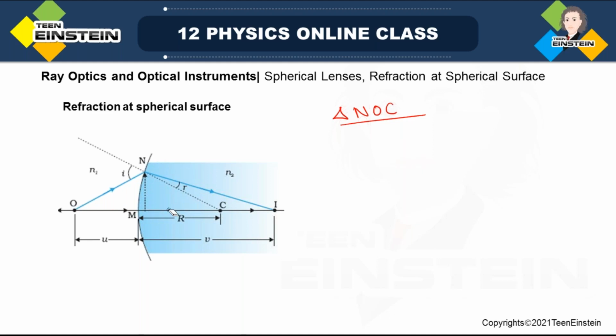I'm going to do N1 sine I. Actually, what I'm trying to get is something like N1 sine I equals N2 sine R. This is what I'm going to prove at this particular interface, and from there we will definitely get the results. Let us do that.